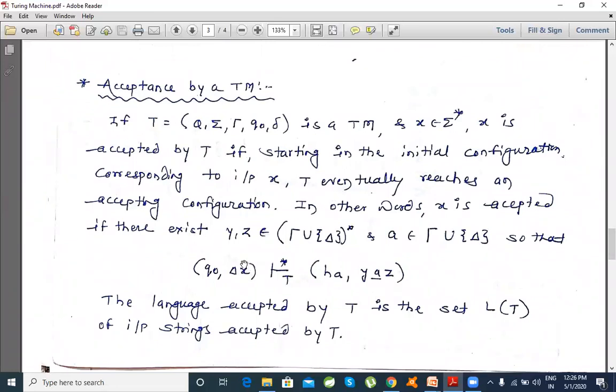Starting with the initial configuration, if the Turing machine reaches HA in zero or more steps, I won't care what is available on the tape, but if it reaches a halting state with accept, we accept that string. Otherwise, we straight away reject the string. I hope you understand this basic definition of acceptance by a Turing machine.